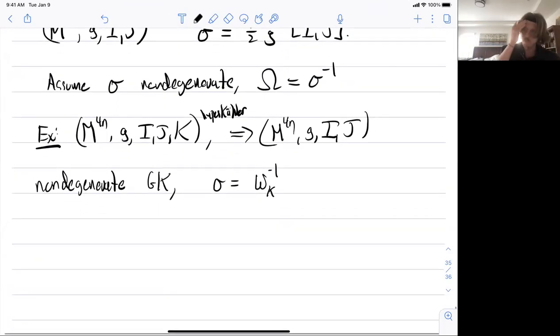Okay, and then of course we've seen from a couple points of view how to deform these structures.